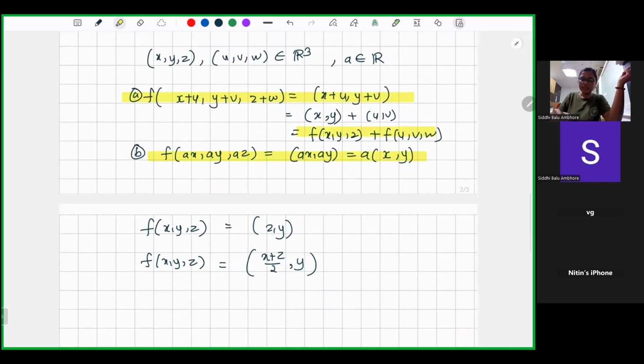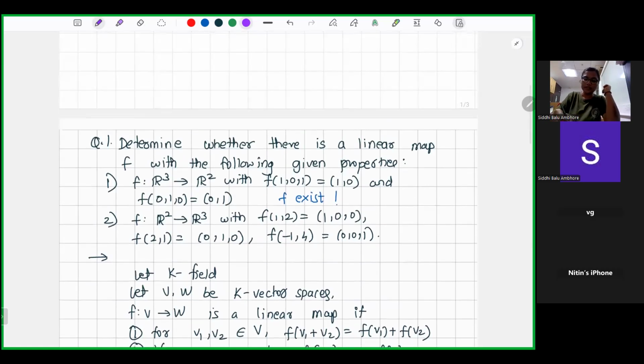You can check that these two maps, if I call them 1 and 2, are also linear maps. So as long as I have a linear map which satisfies these two conditions is what we need to check. That's it. The existence is what we have to prove here.